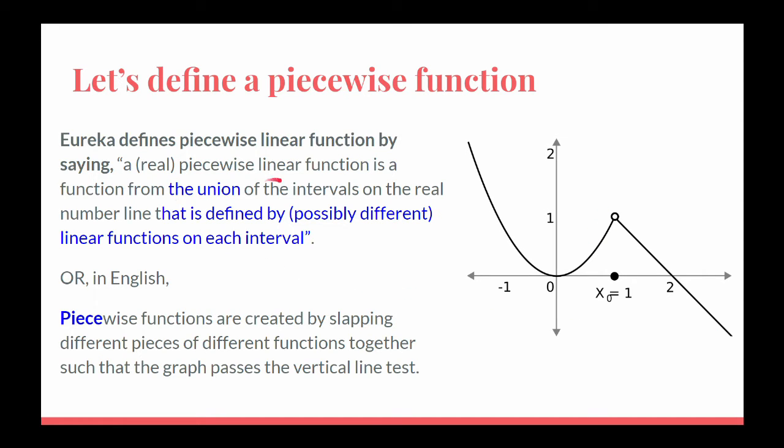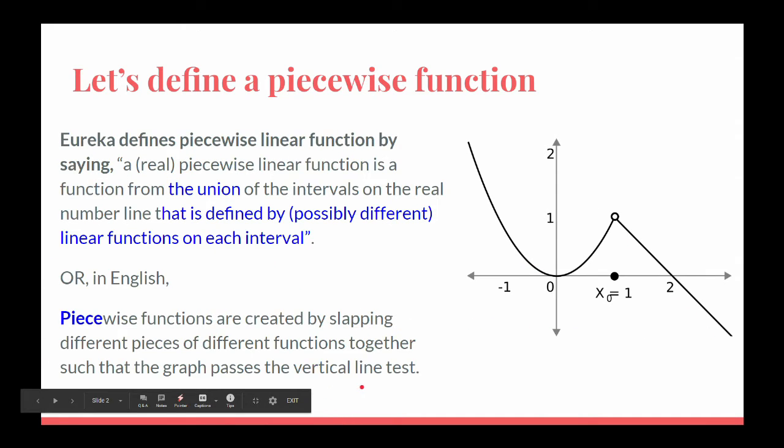However, a linear piecewise function is special because the functions that are being united on that interval are lines, okay? So they do not have curves. So this is not, again, it is not a linear piecewise function. This is just a piecewise function, which is what I define here.